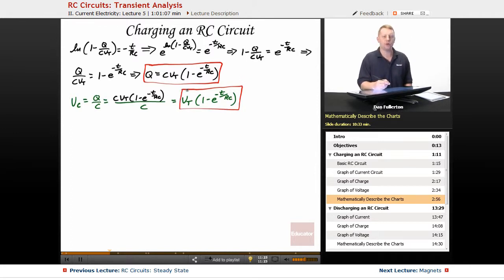Okay, well, how about current flow? Well, the trick to getting current flow then is realizing that I, the current, is equal to the derivative of the charge.